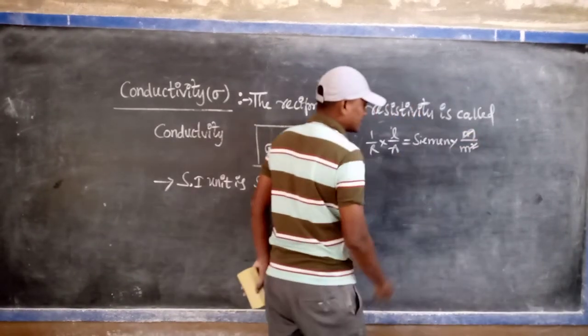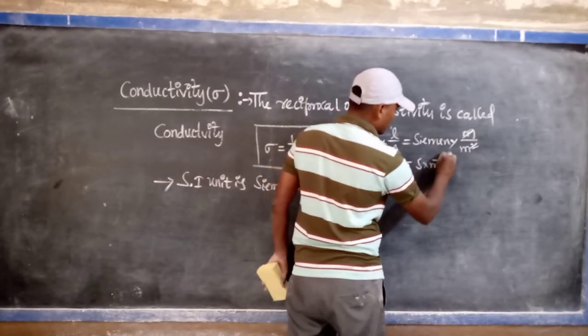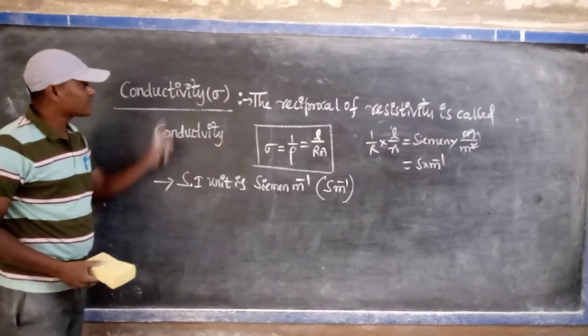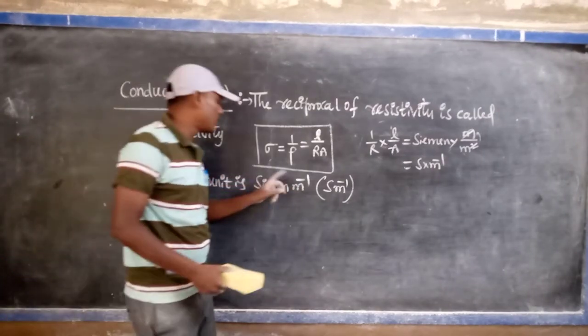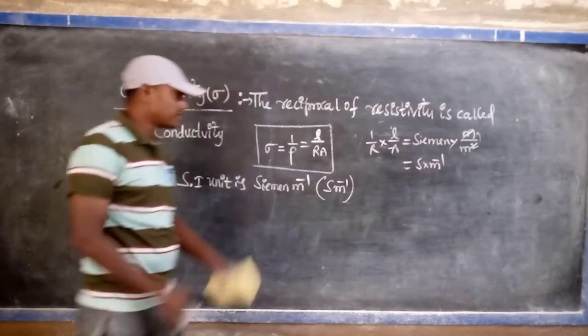One meter gets cancelled, then we can write Siemens into meter power minus 1. That's why the SI unit of conductivity sigma is called Siemens meter power minus 1, or S m power minus 1.